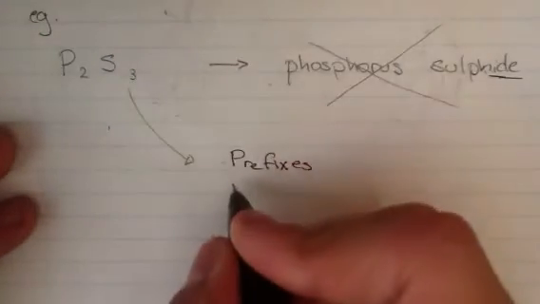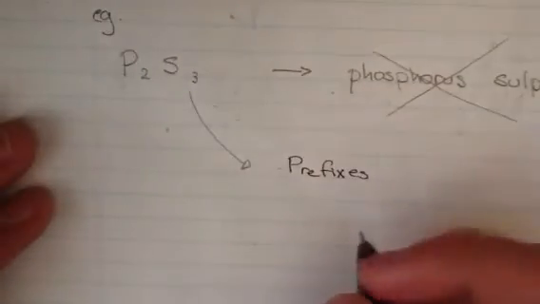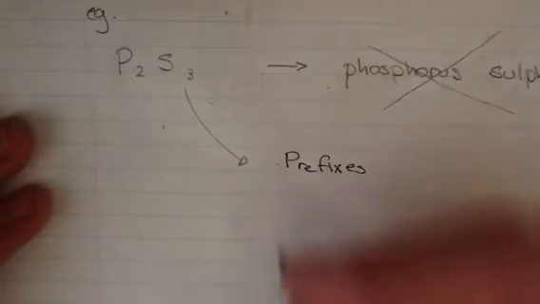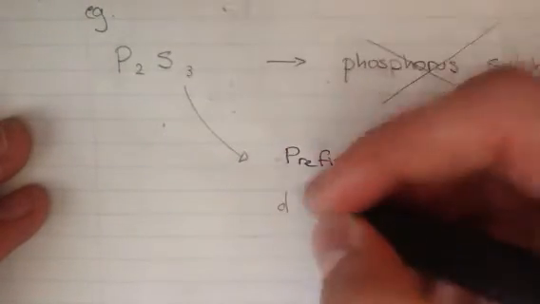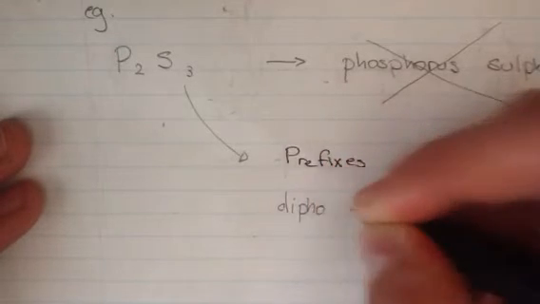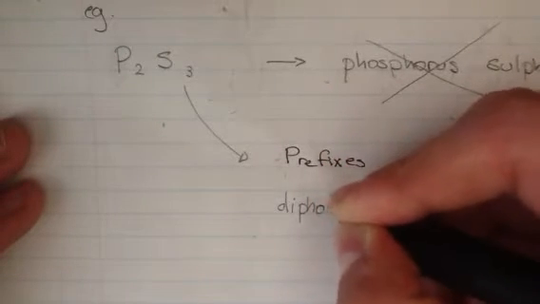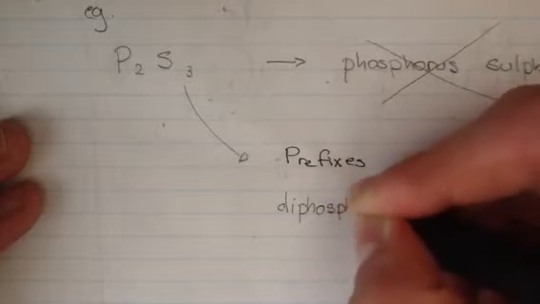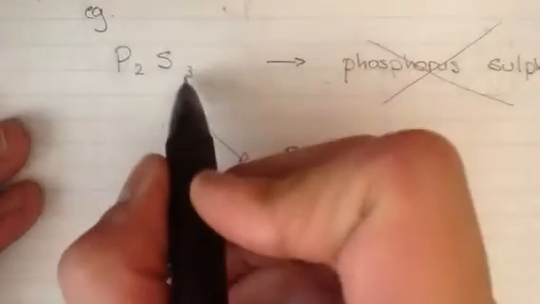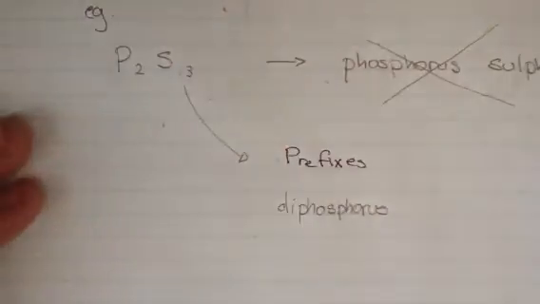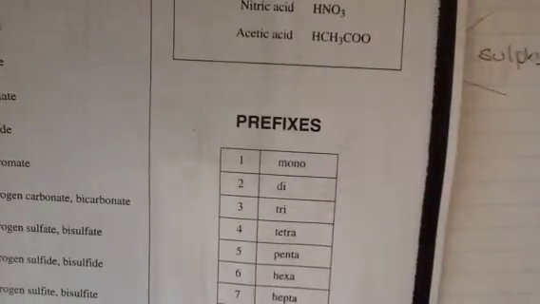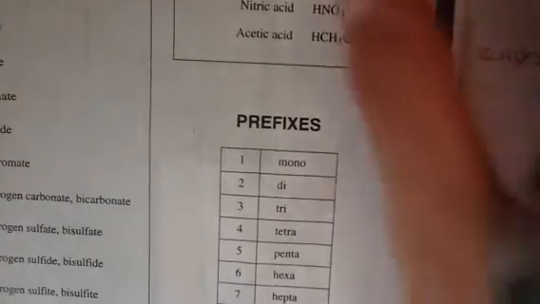Alright, so now that we have P2S3, we have to go phosphorus, and we have to see what phosphorus is. So it's a di-phosphorus, and we see here this 3, and we find it on our prefixes, which are at the back of our periodic table.